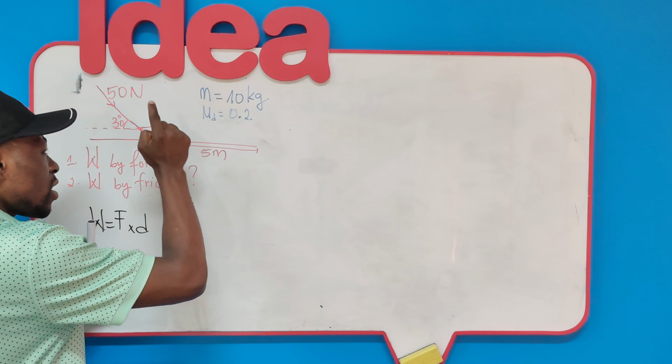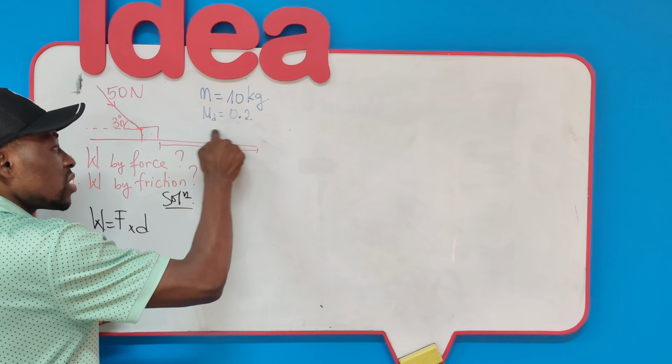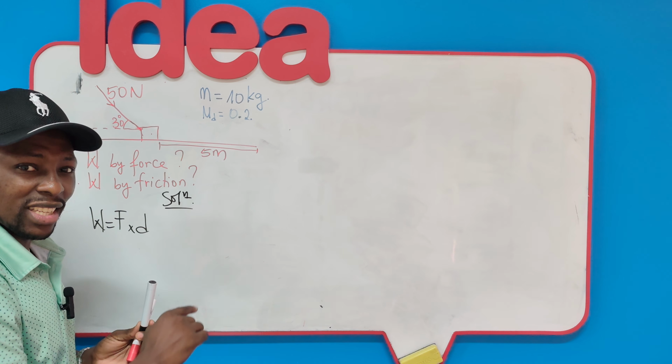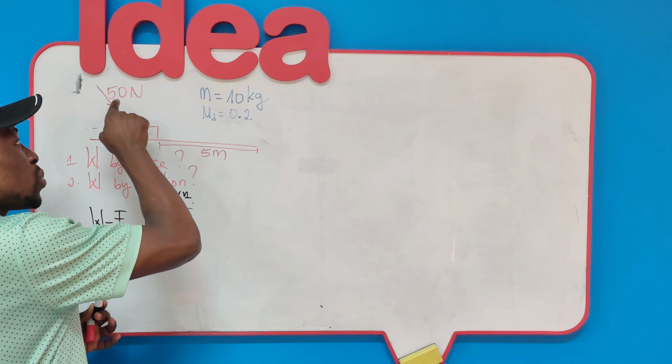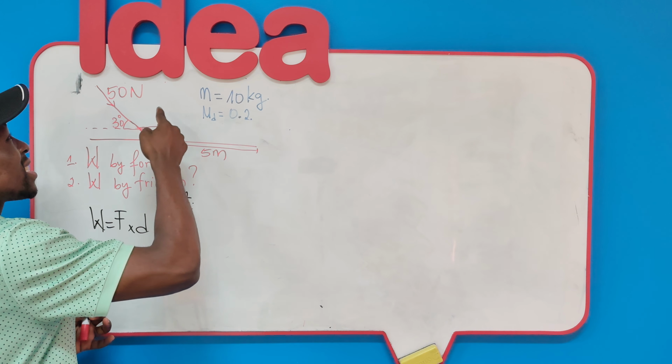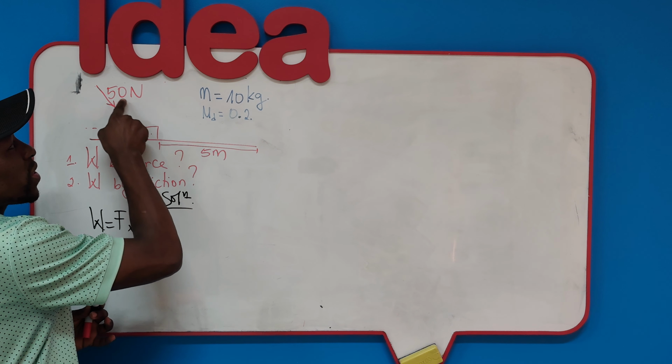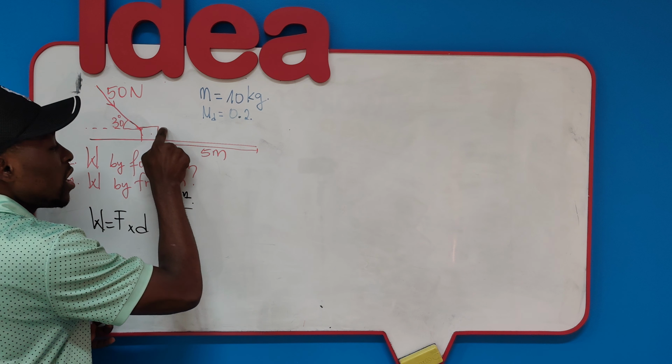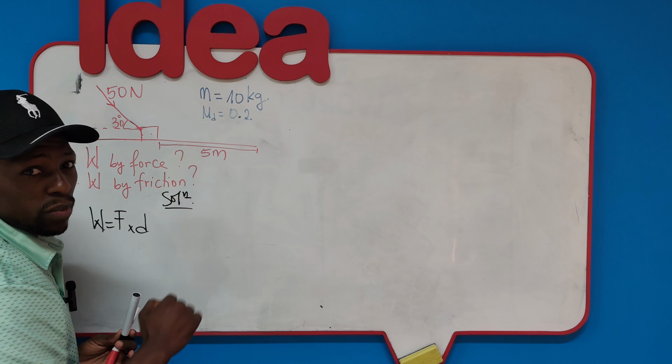Therefore, it is another force acting along this horizontal plane which is causing this motion. Because we only see 50 Newton here, it is a component of the 50 Newton force along this plane which is causing the motion.